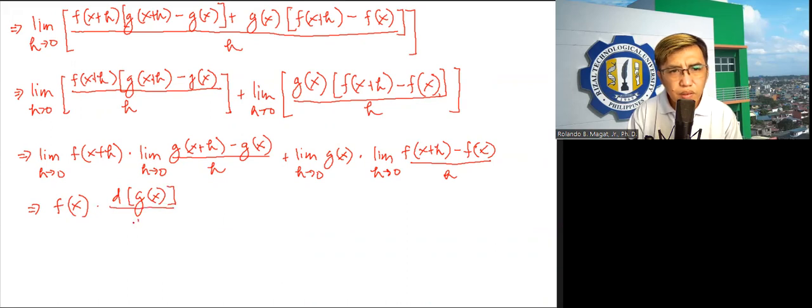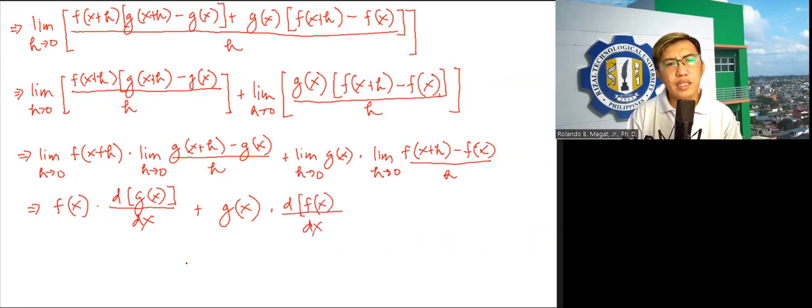Okay, all over dx, plus this is just g of x, times d of f of x all over dx. Which implies that we know that f of x is u and g of x is v.